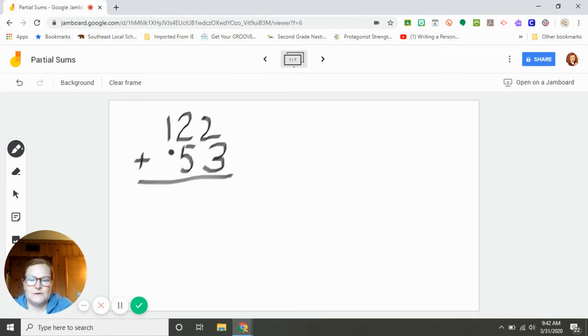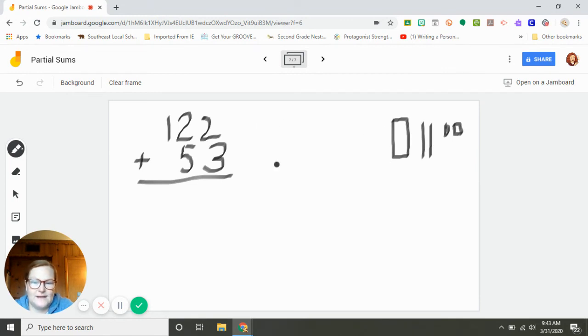We have 122. So I'm going to look at this 1, and I know it's in the hundreds place. So it's worth 1 whole flat. And then I have 2 tens, and I have 2 cubes. So if I was going to represent that in base 10 blocks, it would look like that. Now I can take this and I can expand it.